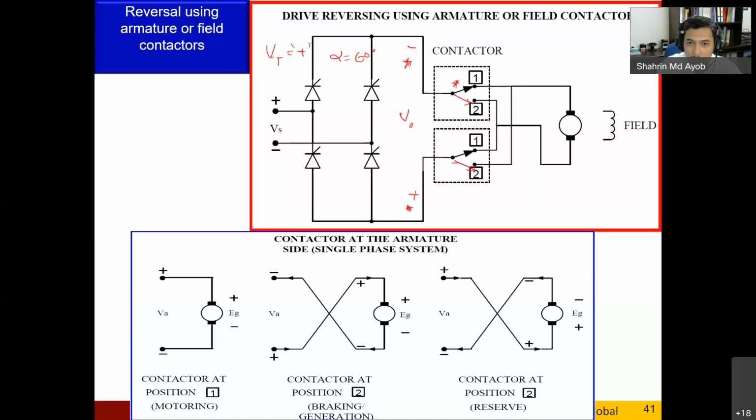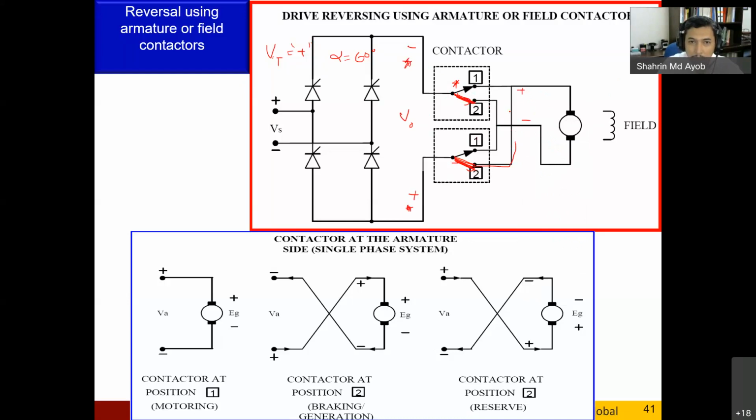Right now, as you can see, if you contact this one positive, this terminal will be connected to the positive terminal of the motor, and this one will be connected to the negative terminal of the motor. Okay, so that's how we use it.